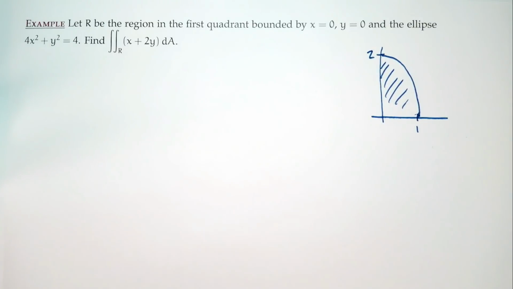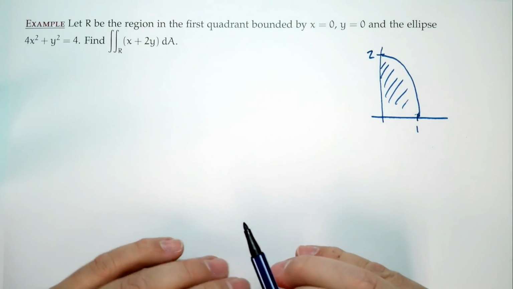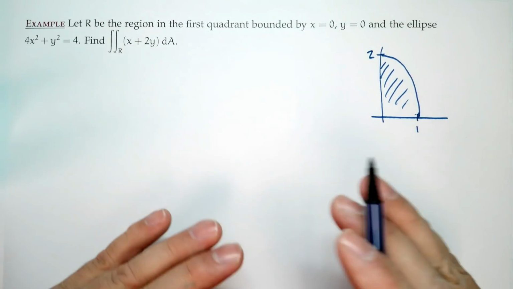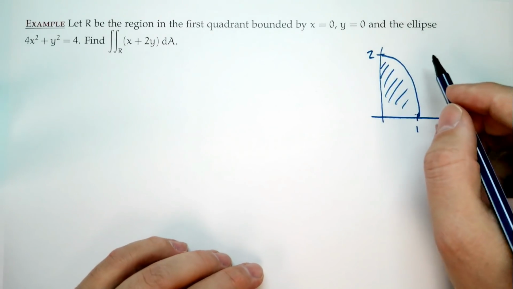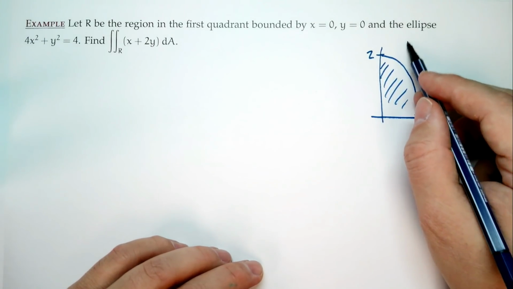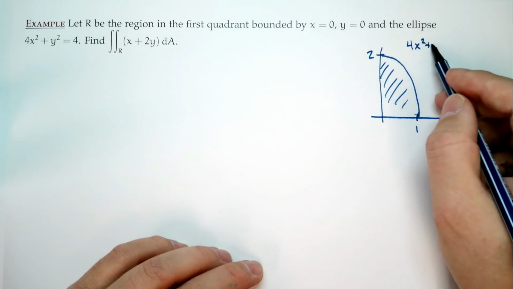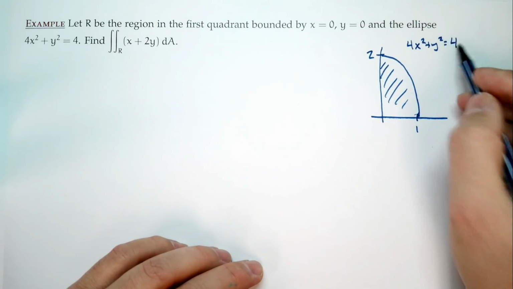So we have this region, and now we want to integrate over this region. So we have to make a choice. And I'm not claiming that any choice is a good choice or a bad choice. So let's think about our curve here, 4x squared plus y squared equals 4.